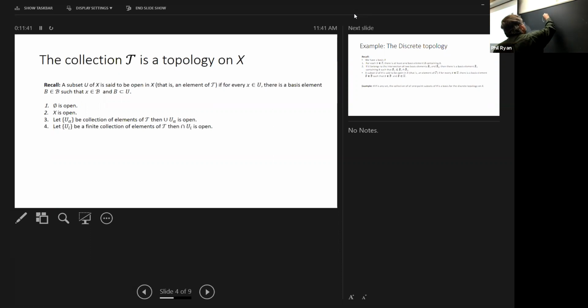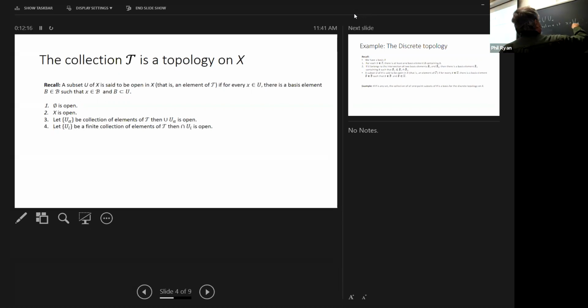Here is the set that we want to show is open. So let's say we have an element X in that set. Well, if X lies within a union of things, that means there exists an alpha such that X is in a particular U alpha, just by the definition of union.